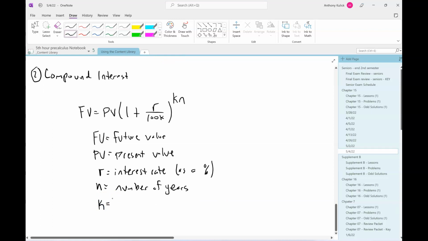The difference here is we also have this K, and the K just represents the number of compounds per year.